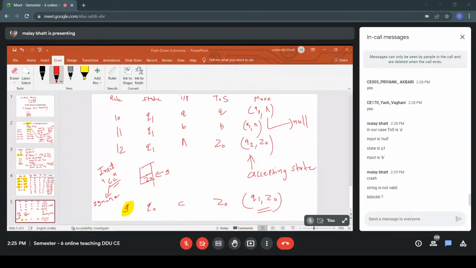Now what will happen in this case? If we take this example, BBC, BB, can you tell the set of rules?